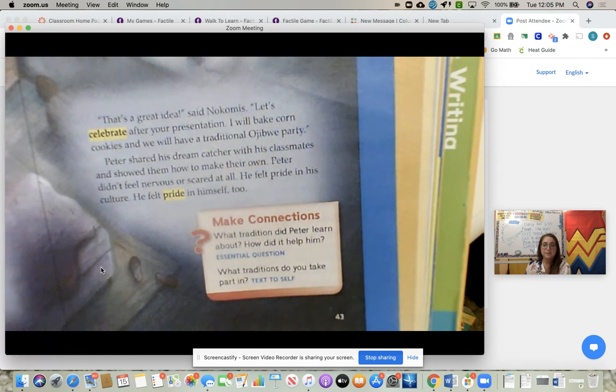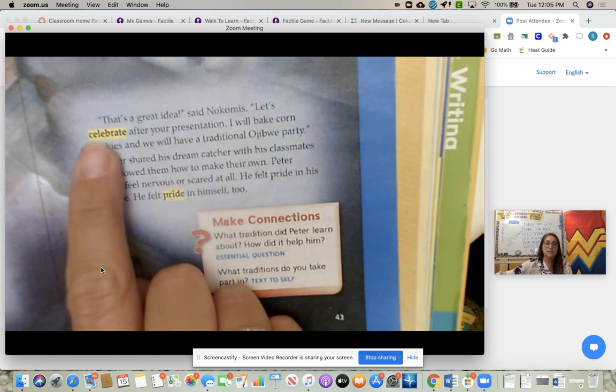So celebrate, we talked about this yesterday. So celebrate is where you can, we talked about a synonym as like maybe throwing a party. So when you celebrate a birthday, you might have a gathering of people, even if it's just a couple, to honor that person, right? So when you celebrate the 4th of July, you're honoring that the United States became a free country.